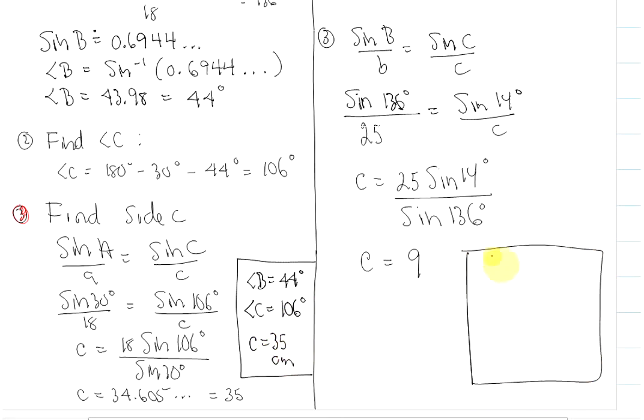And on our second triangle, angle B equals 136 degrees, angle C equals 14 degrees, and C is equal to 9 centimeters. And that concludes example 3, and it concludes our lesson on the sine law.